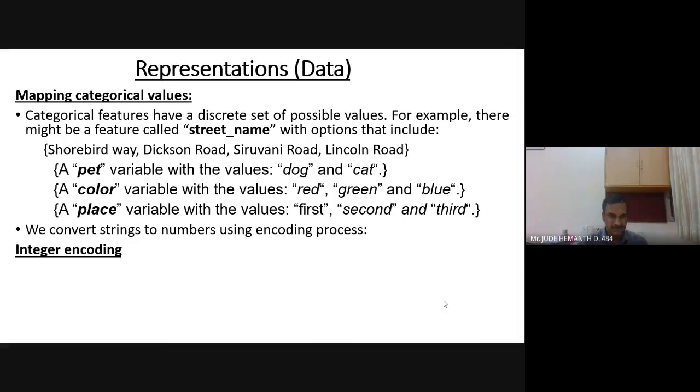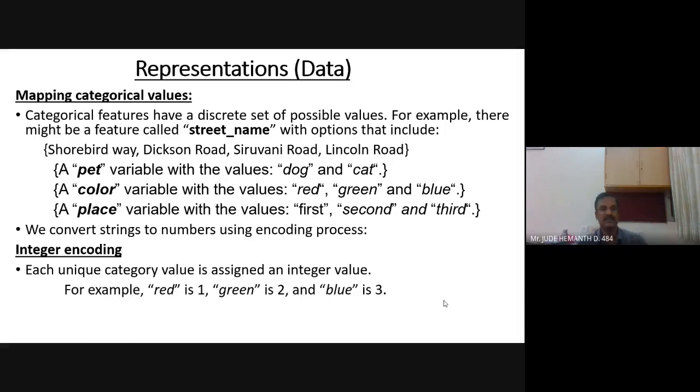The simplest possible process is called integer encoding. What do we do here? Plainly, each unique category is assigned an integer value. As simple as that. So when I say dog, I will say 1. When I say cat, I will say 2.